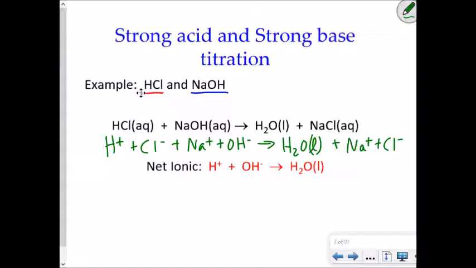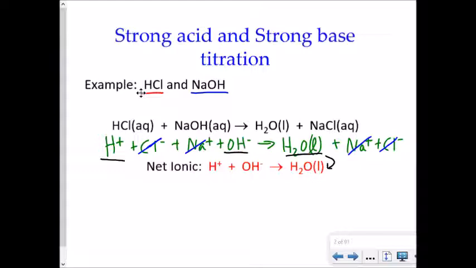And this would be the complete ionic equation, the one that I just drew in green. Remembering that these guys are spectators, so they don't appear in the net ionic equation. So we get rid of them for the net ionic equation. They get canceled out, and what's left over, the things doing the actual reacting, would be the hydrogen ion and the hydroxide, forming the water. So those are the only things you would actually include in the net ionic equation. Little review from Unit 1.